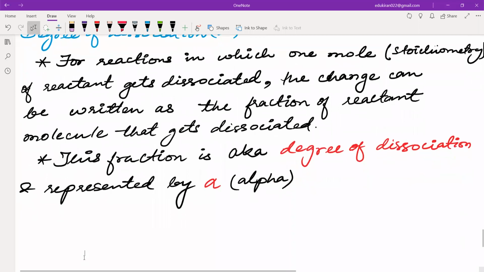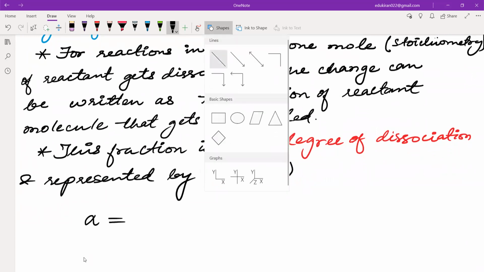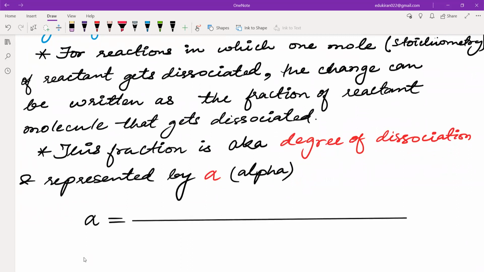Now, in terms of mathematical definition, please remember this is not a formula for calculating degree of dissociation.